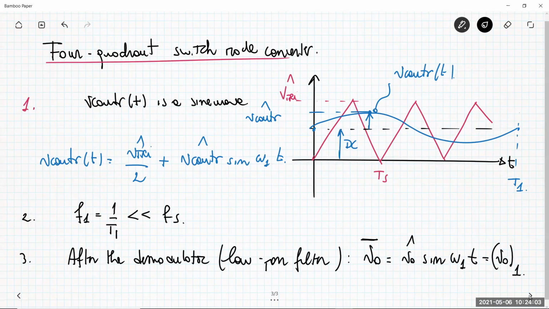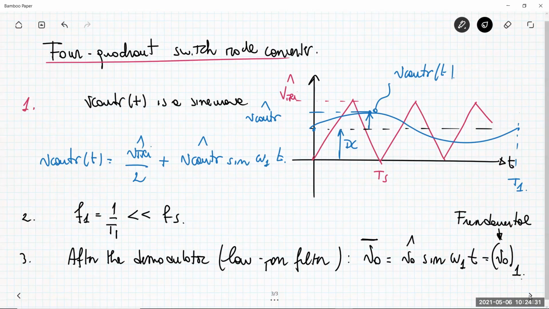We can put it in this form: V01 is the fundamental component of the output voltage. The one here exactly defines the order of the output harmonic that we can get. And so the fundamental component of the output has the same form as the control voltage.